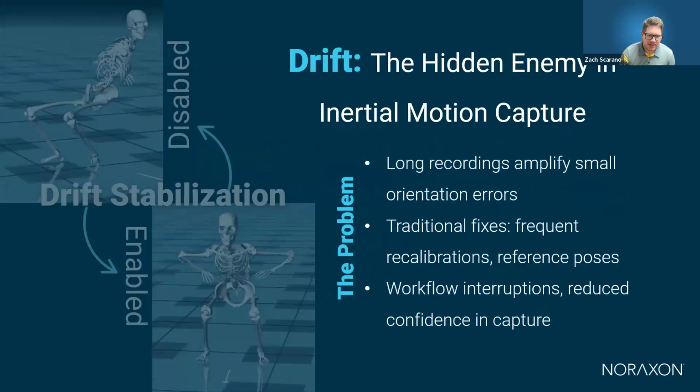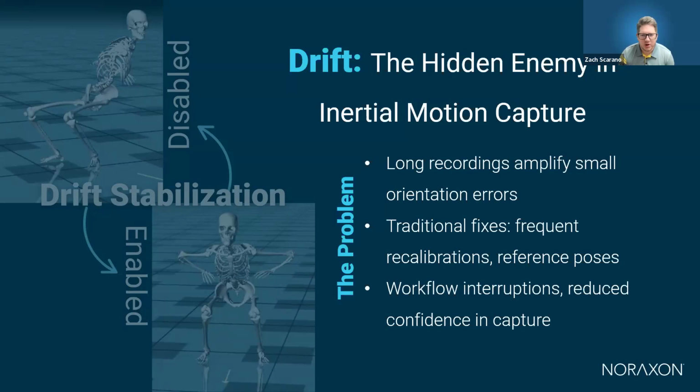So let's jump in. This is our first flagship feature. Drift has been the hidden enemy, maybe not so hidden in some cases, of IMU-based motion capture for years, since its inception. Small orientation errors pile up over time, especially in long, uncontrolled recordings, and this results in skewed data.